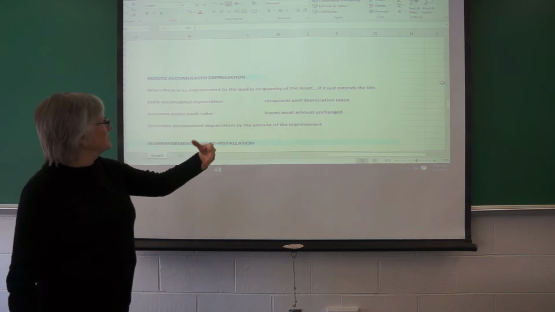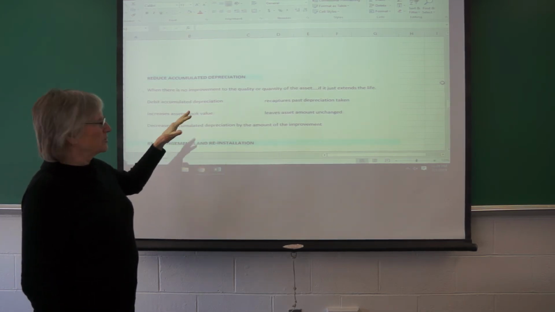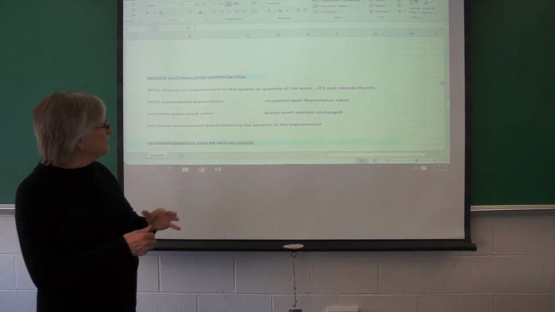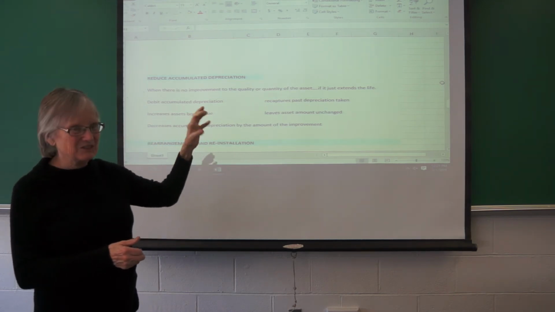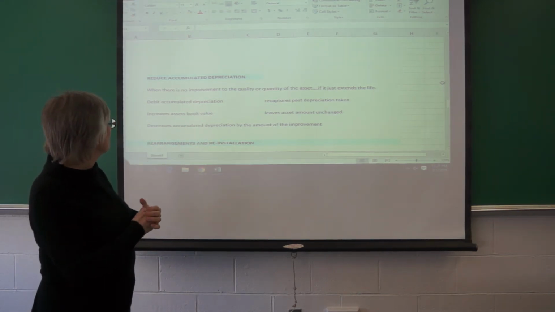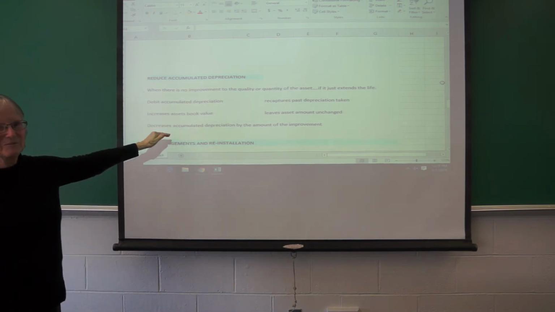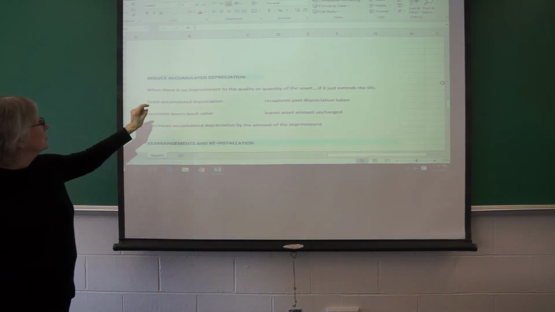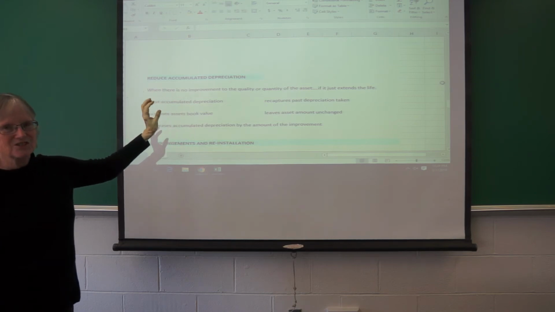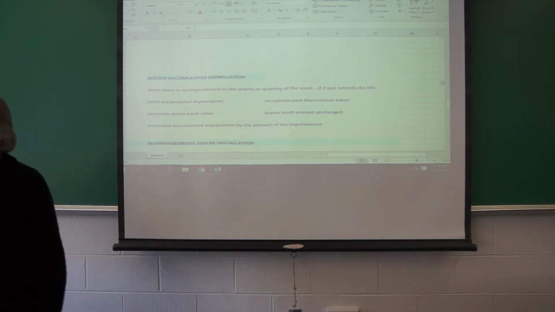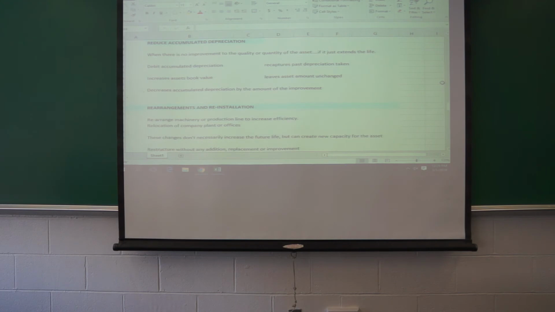Okay, that recaptures your past depreciation. The asset stays on the books at the same amount, but it just recaptures some of that depreciation. Okay, so you're decreasing the accumulated depreciation by the amount of the improvement, and that is only when it just extends the useful life.